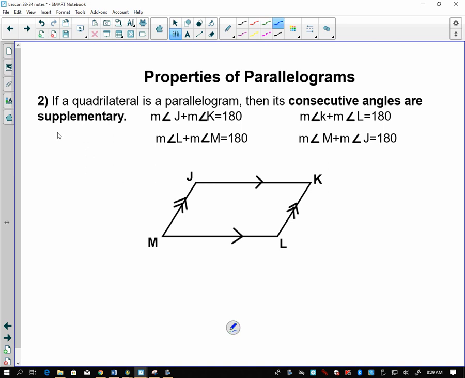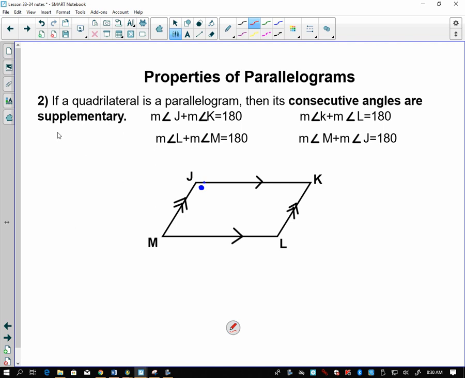So, what angles are consecutive to angle J? We're just talking about angles. What is consecutive to angle J?